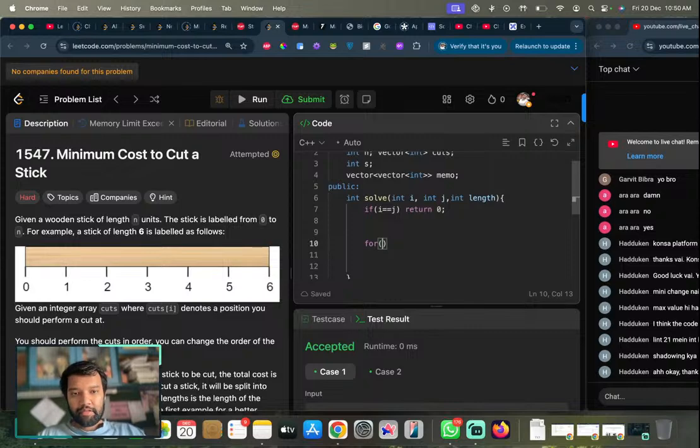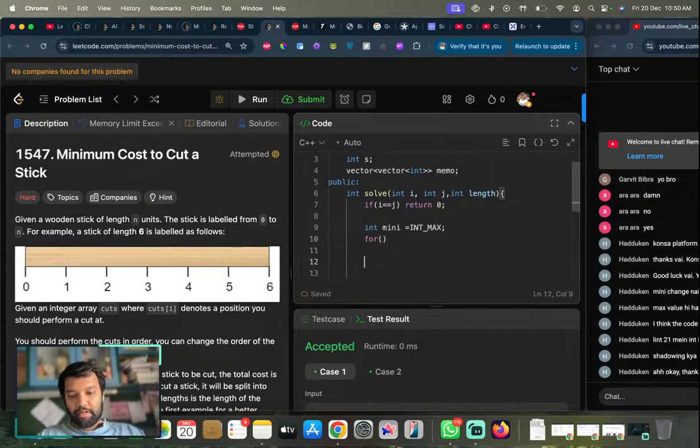For mini, max, return mini plus length. Cool.